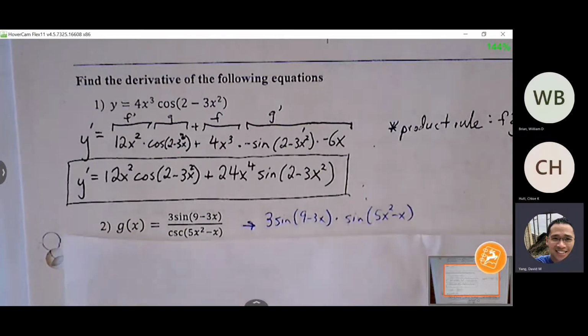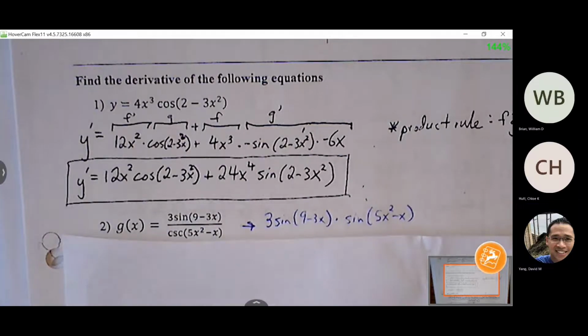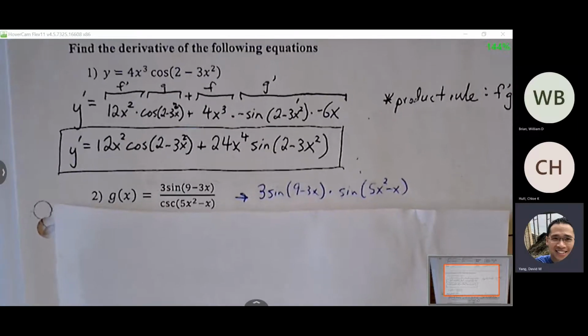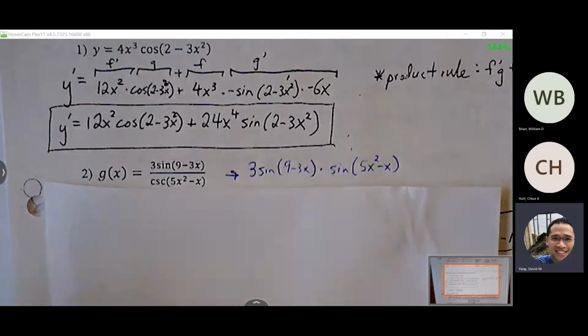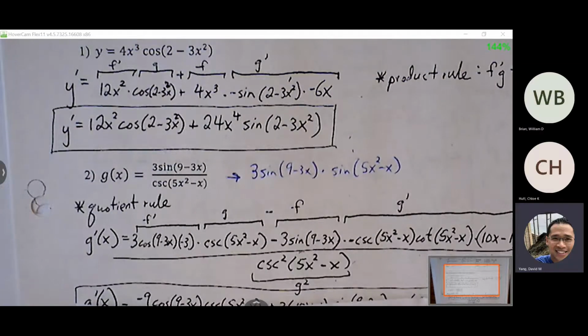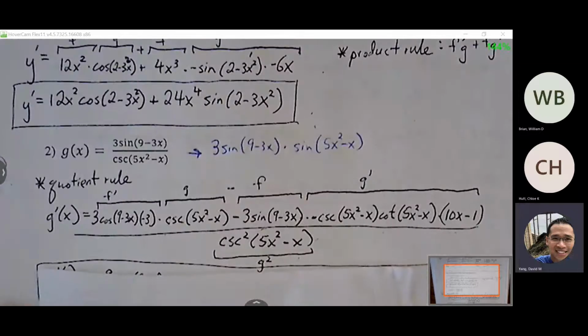If that happens, what do you think we should do? What's easier? I don't have a preference. They both should be doable for you guys. I just went through quotient rule. The product rule may be a little cleaner.